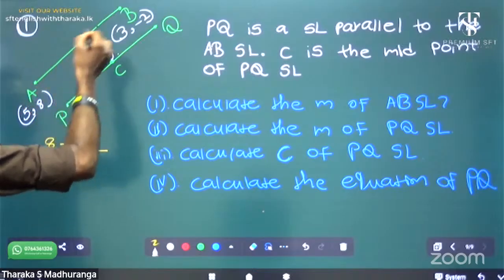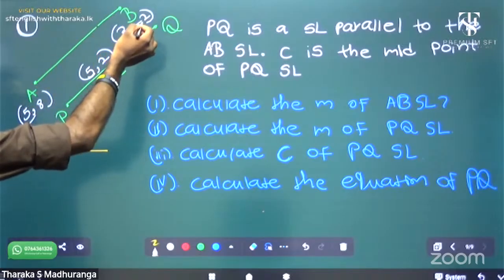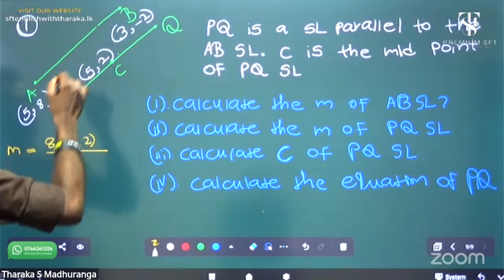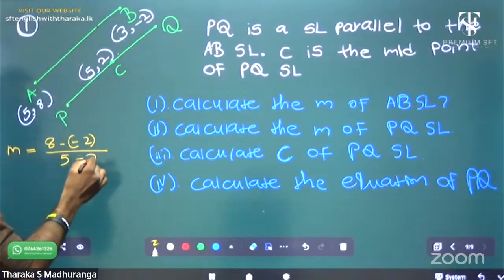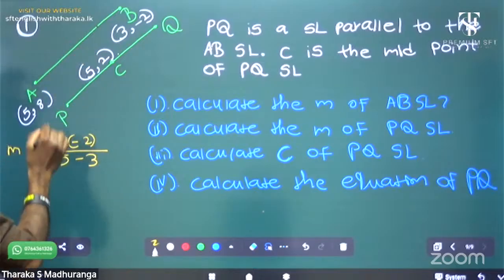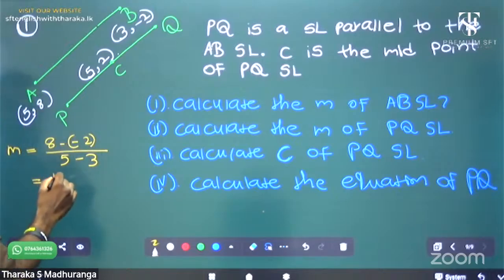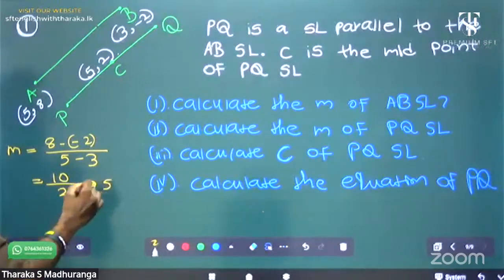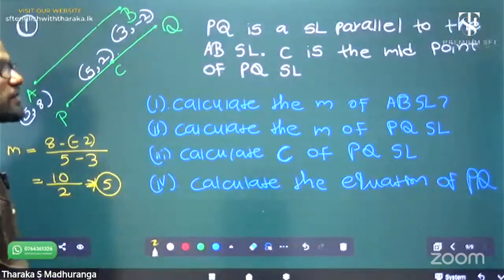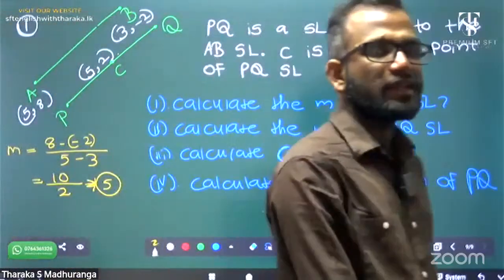Now 8 minus 2 I got, 5 minus 3. 8 minus 2 is 10, because minus minus is plus. 5 minus 3 is 2, so it is 5. AB straight line gradient is 5.